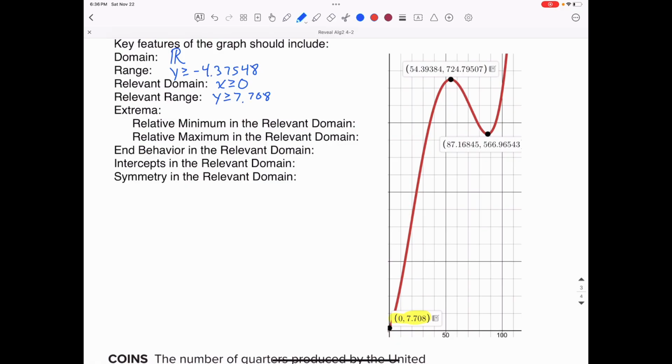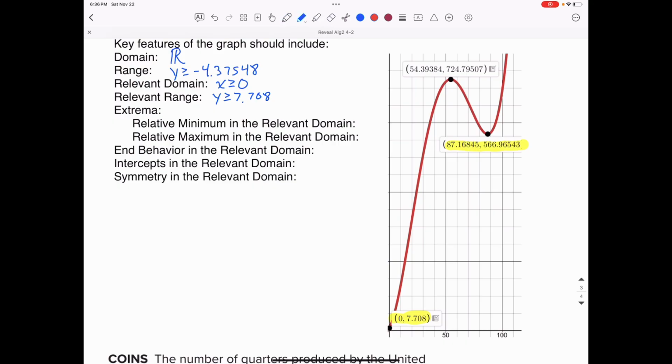And then we have extrema. Remember, extrema are the hills and the valleys, the high point and the low point. Again, we're only going to be dealing with extrema in the relative domain, in this case meaning quadrant 1. So the relative minimum in the relative domain: there is one valley, and it is right there at 87.16845, 566.96543.